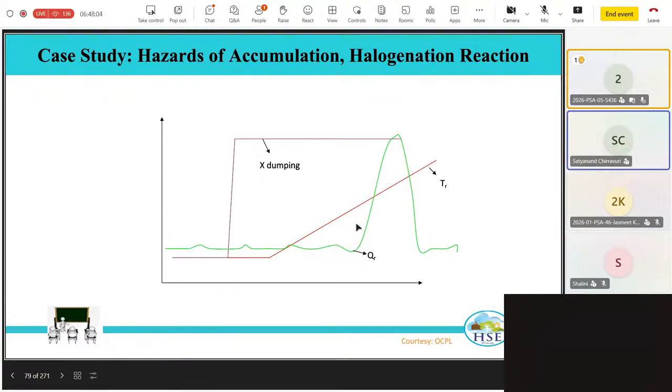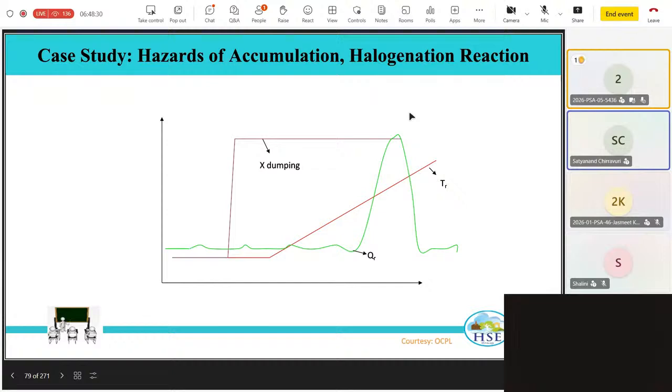And this is a huge amount of heat that is released. So what is happening is the complete material, whatever is here, is dumped. And then after dumping, you are just increasing the temperature, and obviously at one particular temperature, the normal reaction is triggered off.